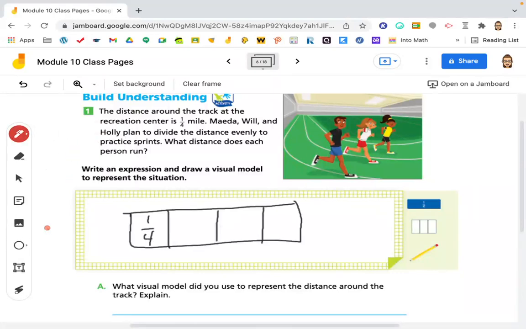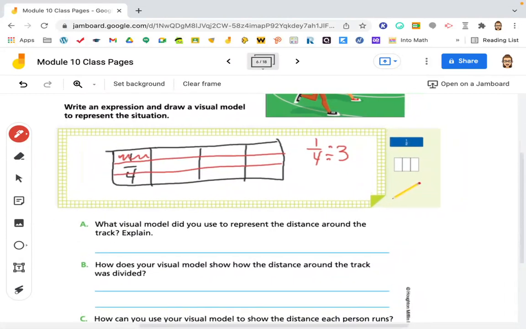And then there are 3 people. So we're looking at this section right here. So the expression that we were trying to solve is 1/4 divided by 3.